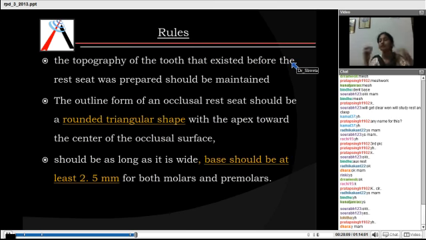Now whenever we are making a rest, we need to follow certain rules. Now what are these rules? The topography of the tooth that existed before the rest seat was prepared should be maintained.